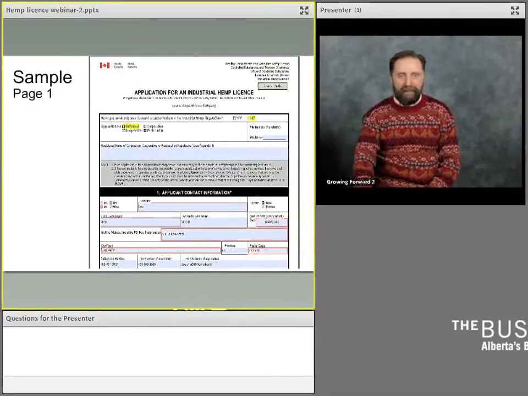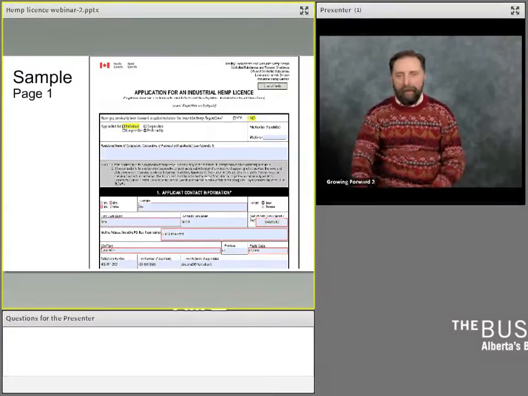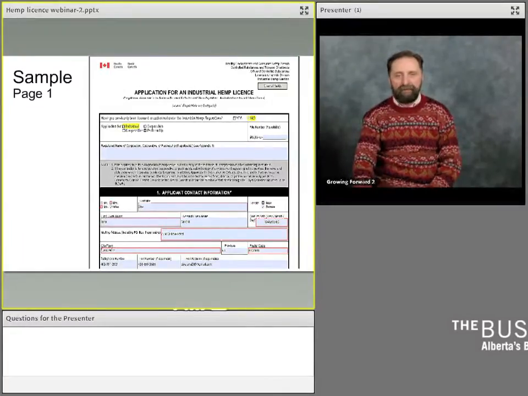So, as I assume all of you are first-time applicants, you have to check off this box: no, you haven't been licensed before. Now, the second box is entitled Enhance. You don't have to fill out this box because you don't have a file number with Health Canada.